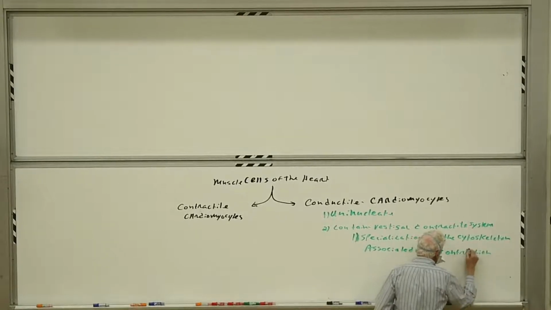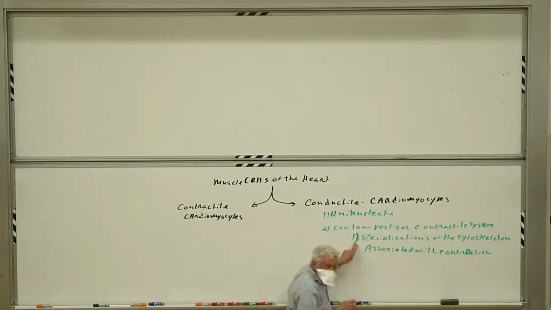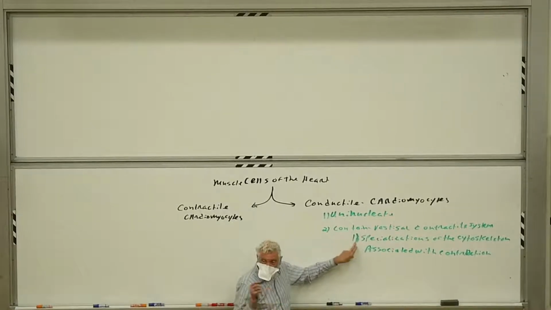You could abbreviate this pretty much by saying they just don't have much in the way of sarcomeres. You just don't see much of the actin thin filaments, the myosin thick filaments, the Z lines. It's just pretty much gone.